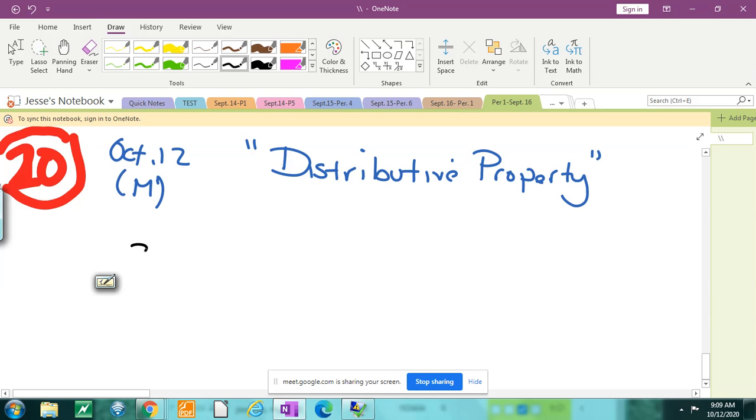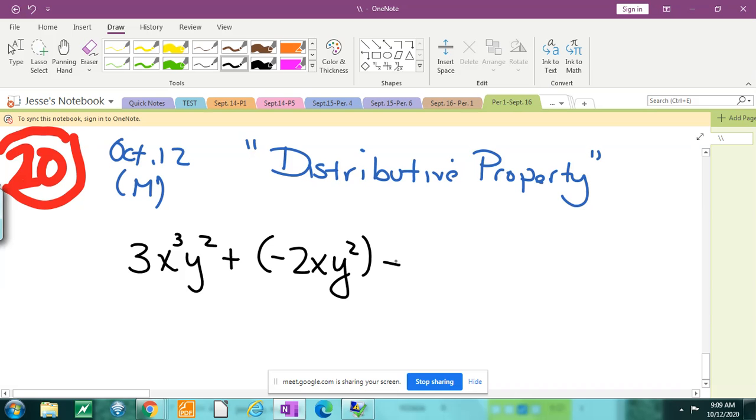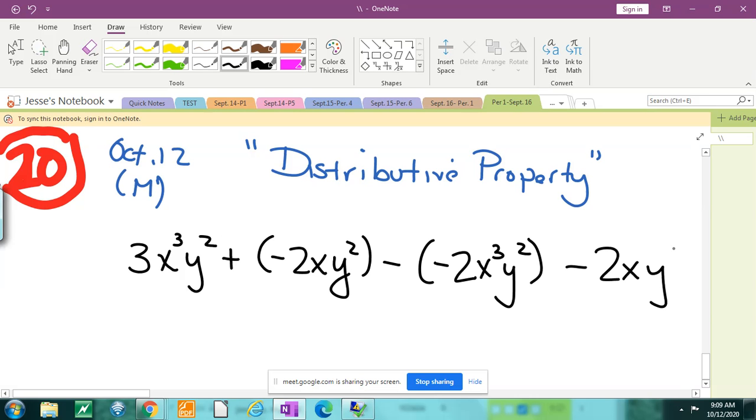But here we go. 3x cubed y squared plus negative 2xy squared minus a minus 2x cubed y squared, and then minus 2xy squared. So go ahead and write that real quick.